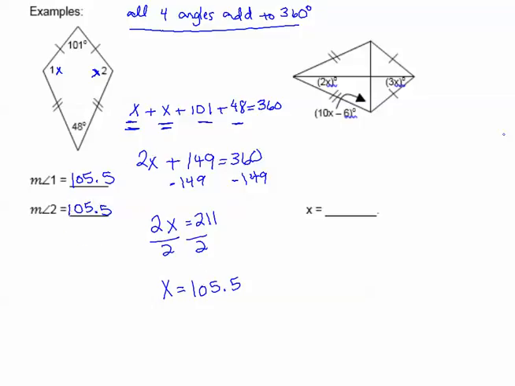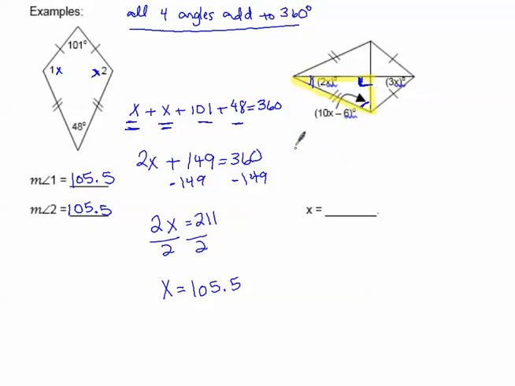All right, and so for the next one, I see here I've got this angle, and if I recall that the diagonals create 4 right angles, then I can see that I have this angle right here, plus this angle over here.